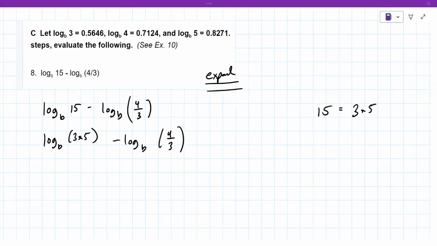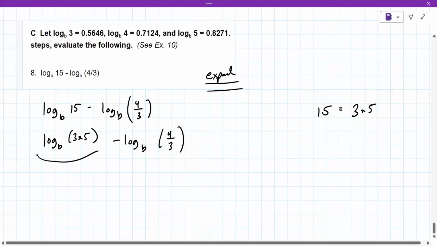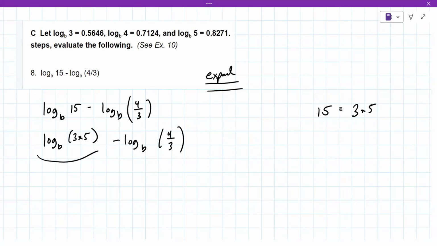All right, so the first one becomes the sum of two logarithms. Would you try to write the first one for us, please? Log base b of 3 plus log base b of 5.